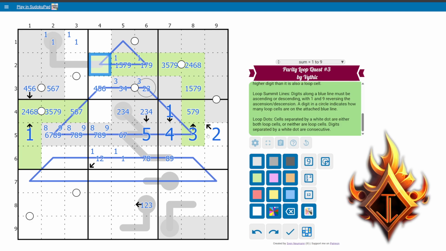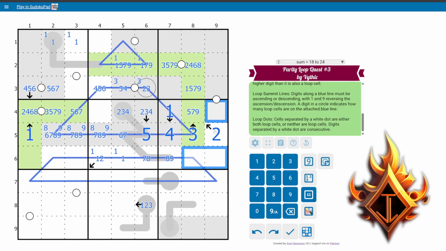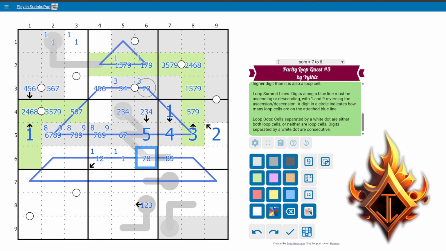What about these are all 5, 6, 7, 8, 9. If this was a 5 or, actually this one, it could be 7.